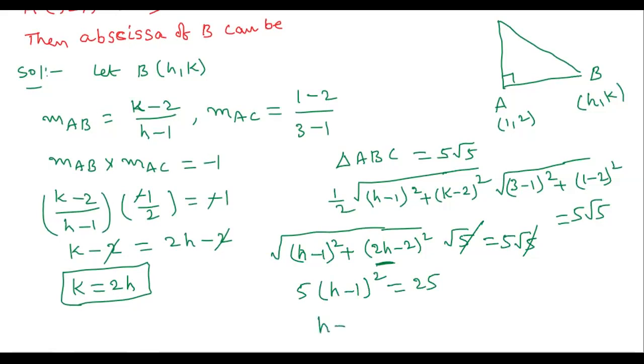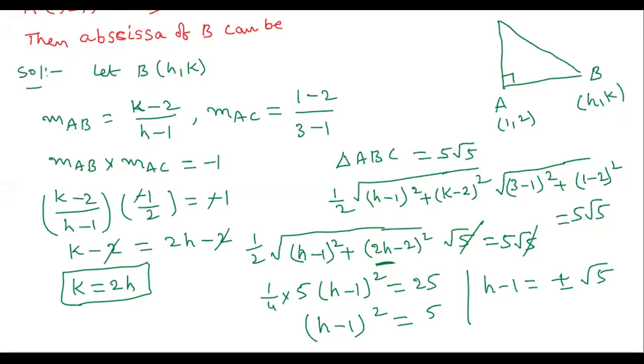Now H minus 1 whole square is equal to 5. Now, what is H minus 1? That is plus or minus root 5. And here 1 by 2, we didn't write, right? Here 1 by 2. And squaring on both sides means here we get 1 by 4.